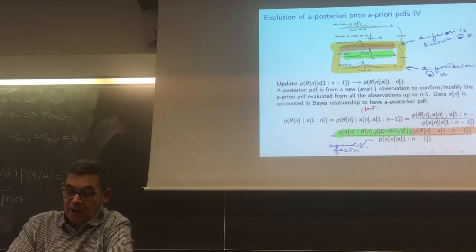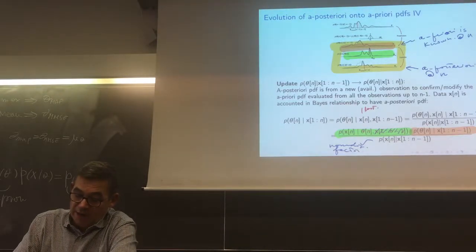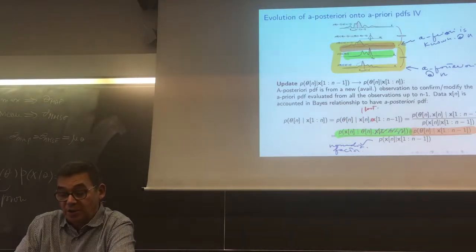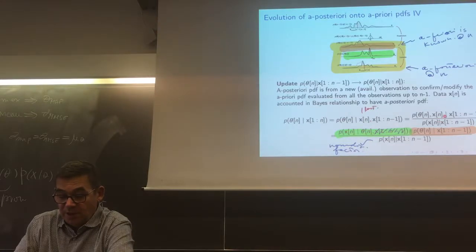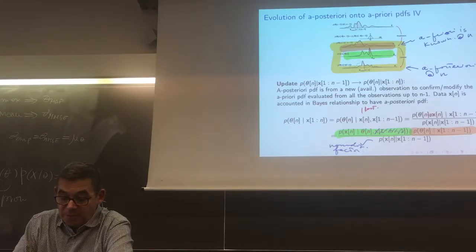And now, since I want to change that, I want to rewrite the conditioning, not just with theta, but I want to write a joint probability of theta and x. So I put the conditioning here, which is what you see here. And since I'm writing the condition, this goes into the denominator. Then I'm splitting that.